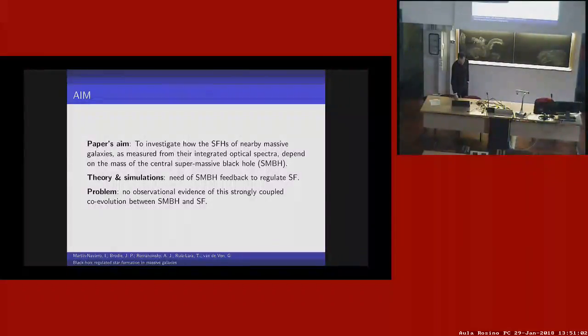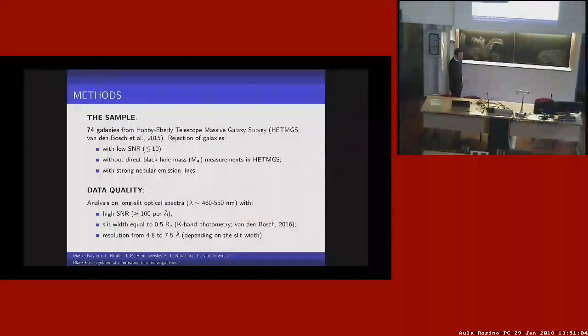So, what did they do to fulfill their aim? They first defined a sample of study, and they started from a sample of very massive galaxies, with the 1022 sources in the MASSIVE Galaxy Survey, a 2015 project led by van den Bosch at the McDonald Observatory.